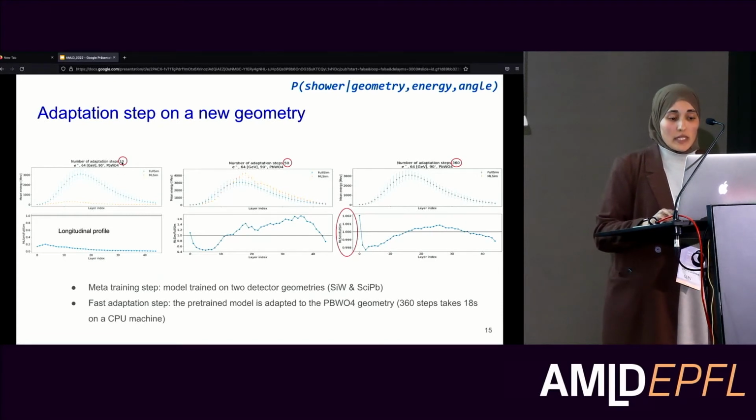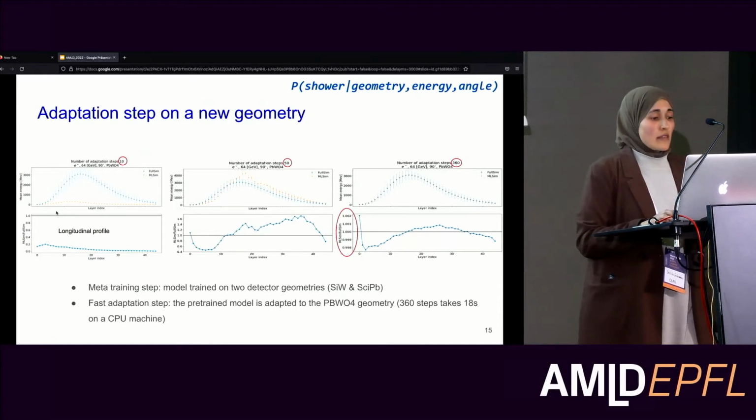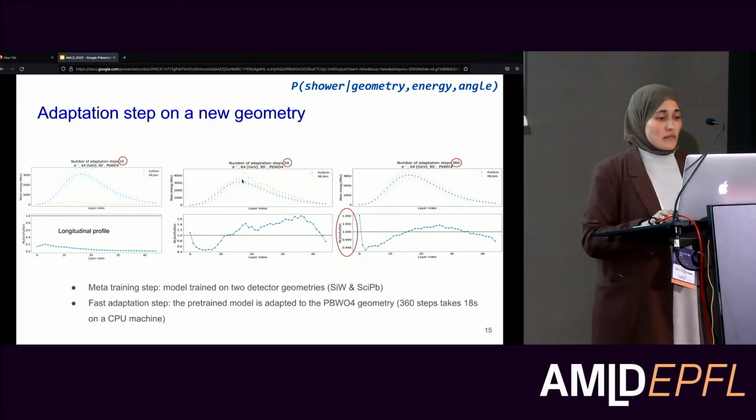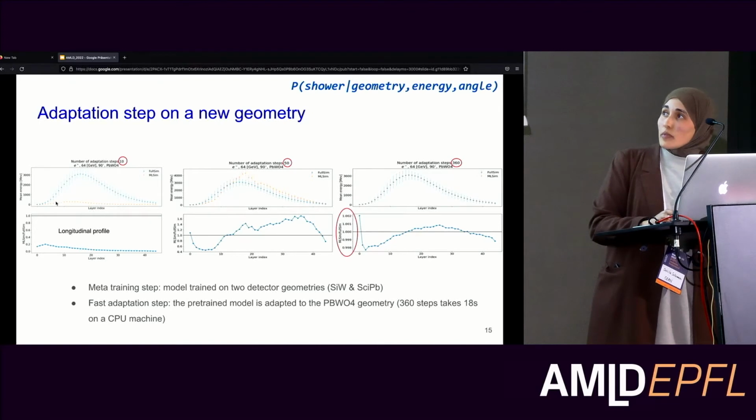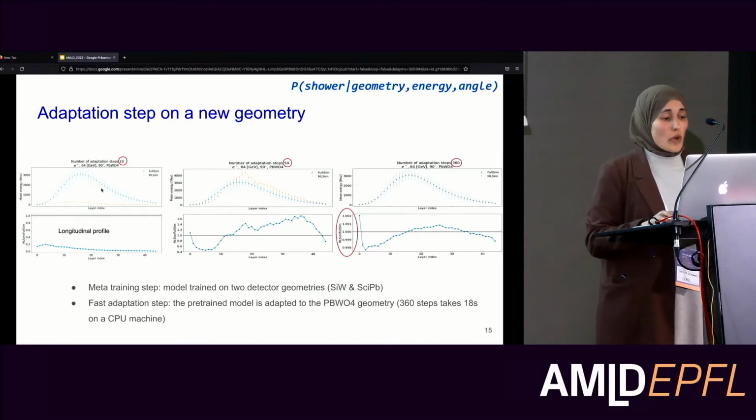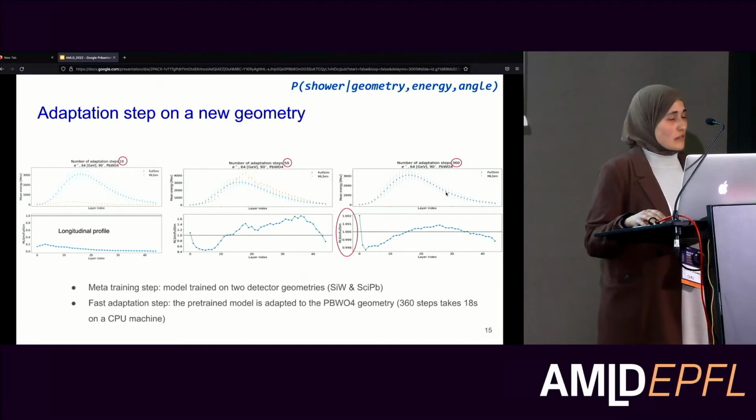Here you can see it as a function of the number of adaptation steps. With 10 steps, the model cannot reproduce the distribution, but with more steps we have better and better agreement. With 360, we have very good agreement with the full simulation. This is a way of validating how well our generative models are doing.